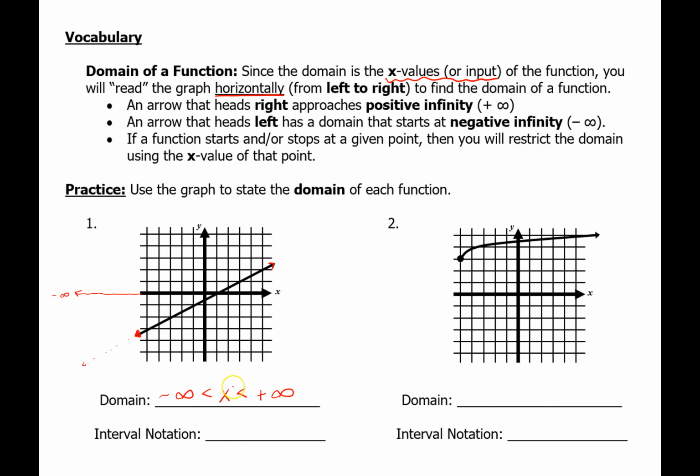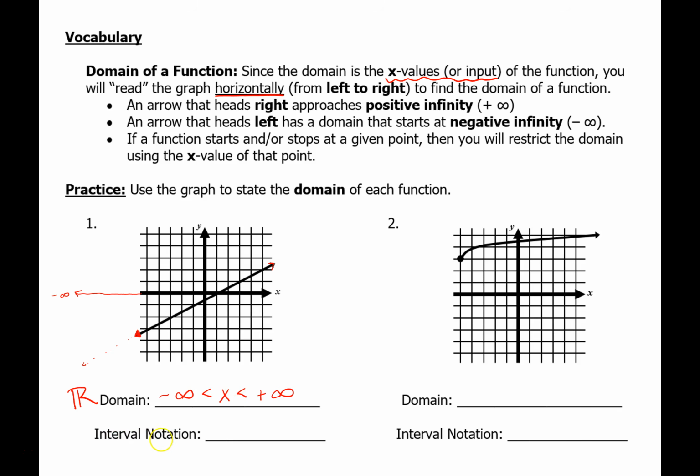So the x values of this function are all somewhere in between negative infinity and positive infinity. This set, for the domain, is also known as the set of all real numbers, because the domain, the x values, the inputs, could be any real number.